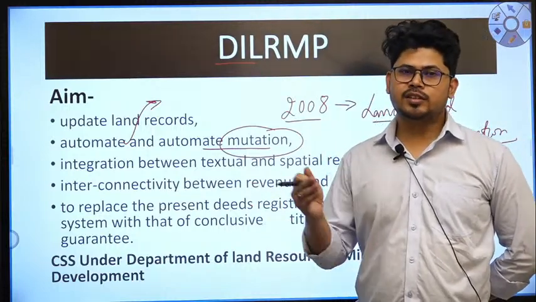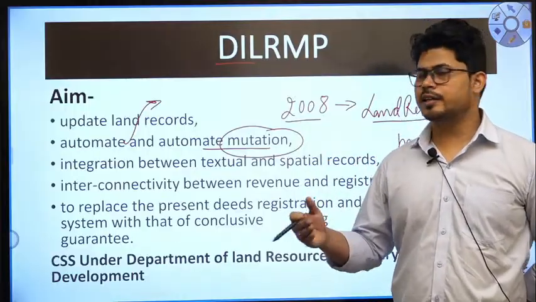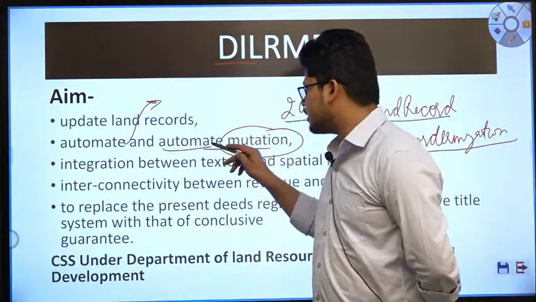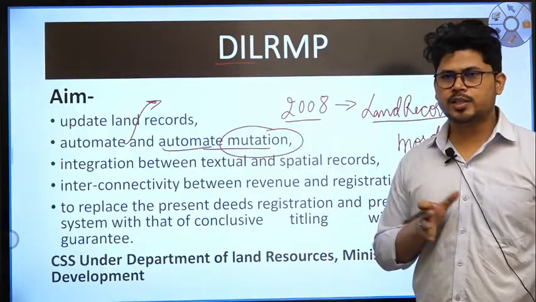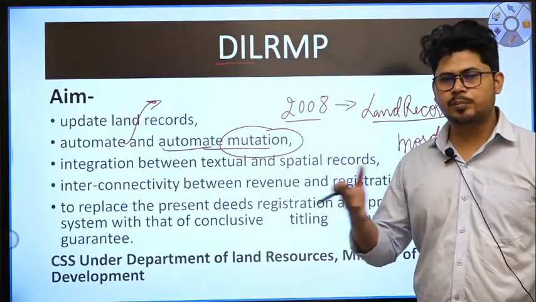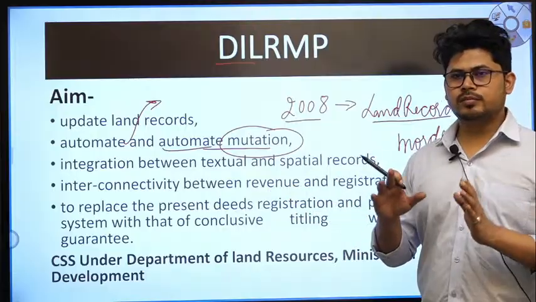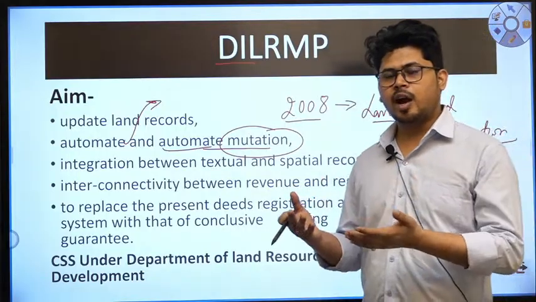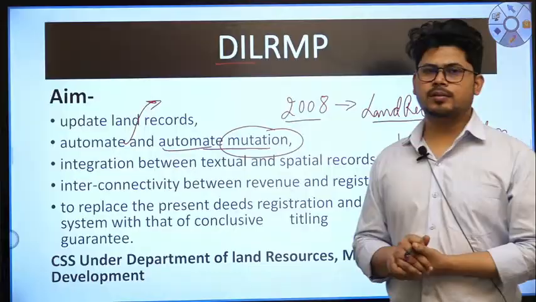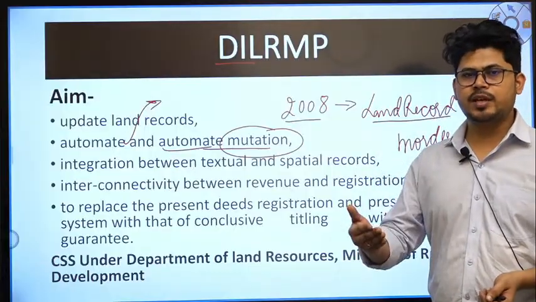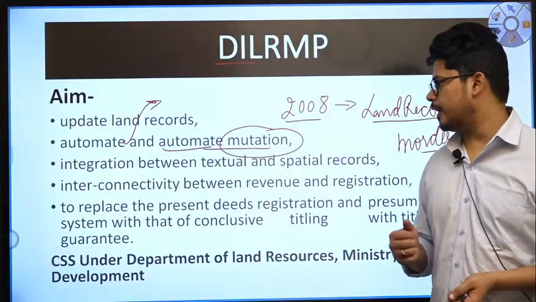Okay, so that changes would be naturally reflected into the registers that are maintained by the departments. Automate this process. Whenever a transaction of a land takes place, all the transaction data is automatically updated into the registers of the database of the department that are holding the land records.